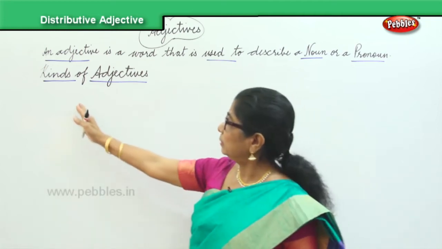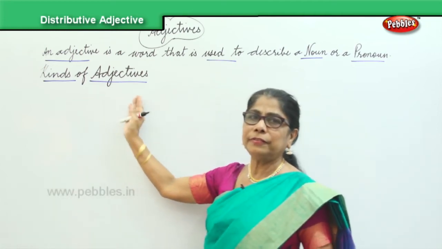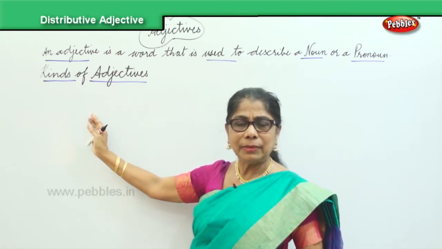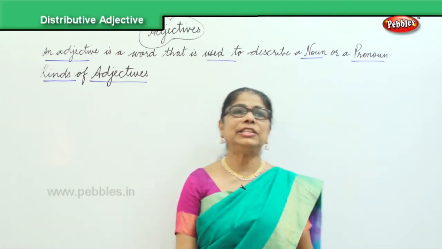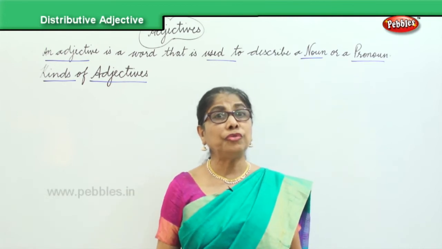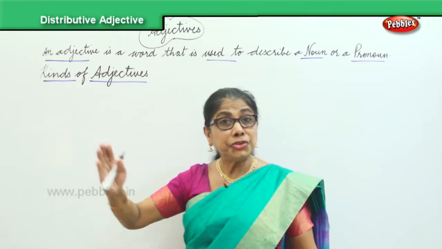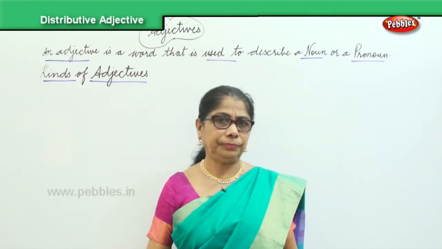So far we have done three kinds of adjectives: adjectives of quality, quantity, and number. Now we go to the fourth type of adjective, that is the distributive adjective.